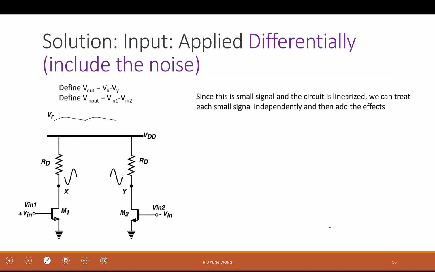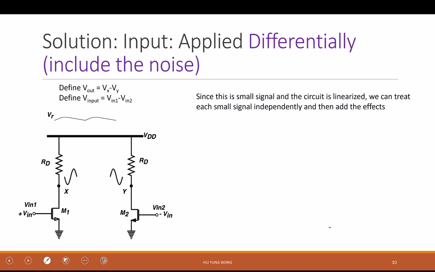I can use GMRD. So yes, because it is small signal and the circuit is linearized in small signal, we can treat each signal independently, right? For a linearized circuit, you can have two excitations, right? It's just like, you push me from the left and someone pushes me from the front.